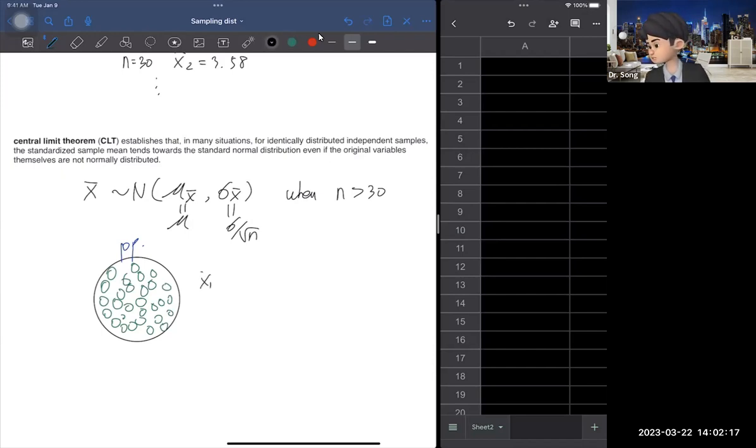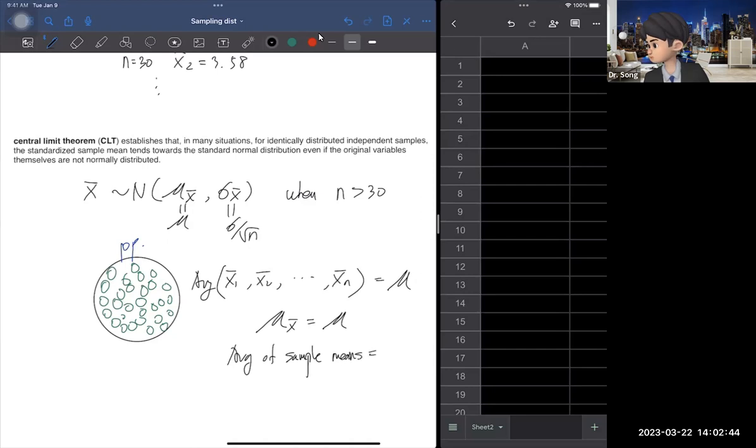So like you get the sample mean x1 bar, I get the sample mean x2 bar, so on and so forth, and you have a large sample. And then you take the average, then it's going to be the same as the population mean. So the average of the sample means is the same as the population mean. That's why we denote the mu of the X bar equals the population mean. So that is an average of sample means. That equals the population mean.